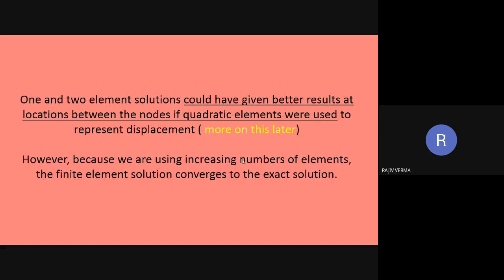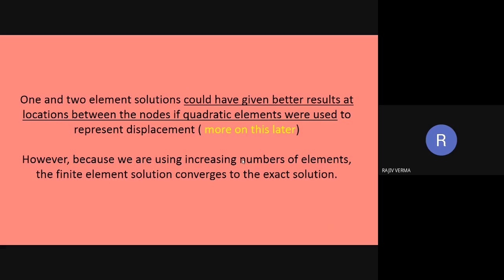However, because we are using an increasing number of elements, the finite element solution converges to the exact solution. Now, this is independent of the type of element which you are choosing. The finite element solution is going to converge to the exact solution even if you are taking linear elements, and obviously even if you are taking quadratic elements.